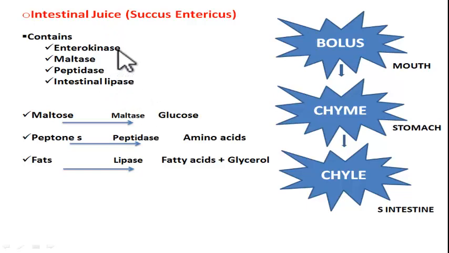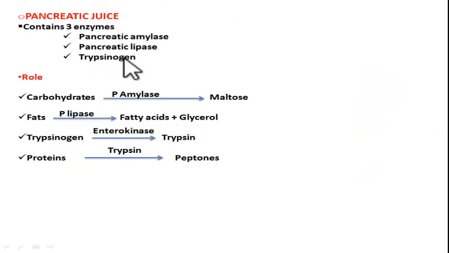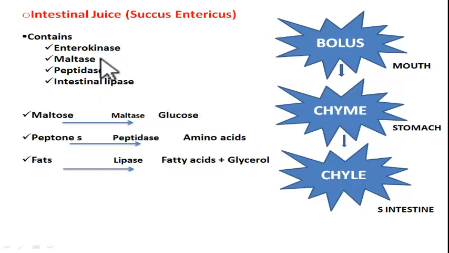Enterokinase is already covered under which juice? This one, pancreatic juice. So enterokinase activates trypsinogen to trypsin. Next, maltase. Maltase converts maltose into glucose. So now remember children, all carbohydrates are in the form of glucose dimers, that is maltose.